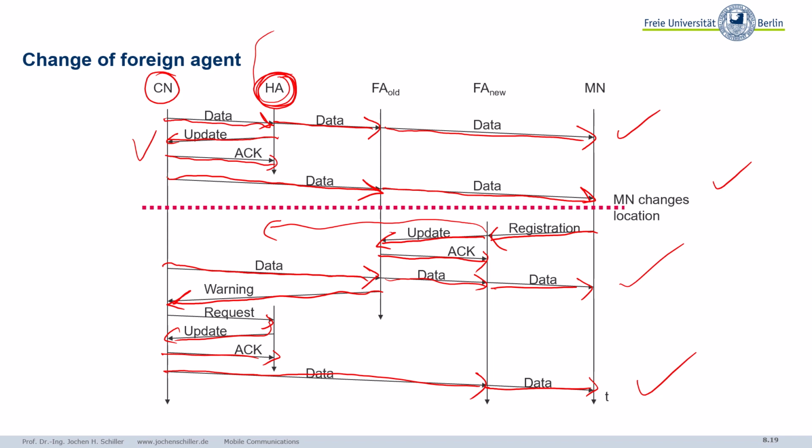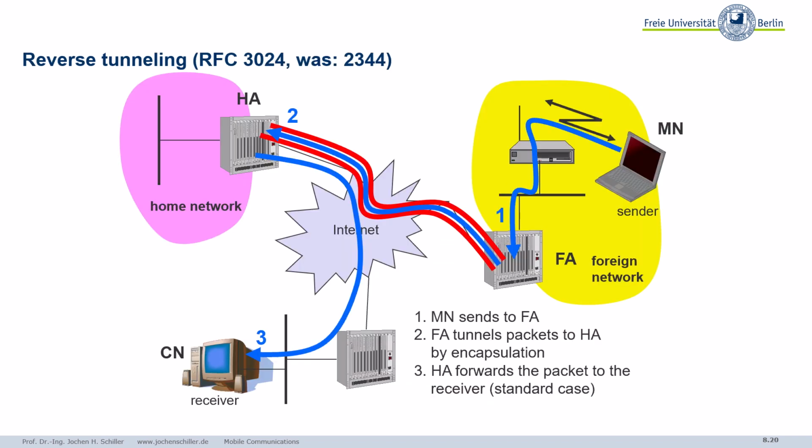So what else can be a problem? I told you that the way from the mobile node back to the correspondent node is very simple. Now what do we have quite often? Many companies have firewalls.